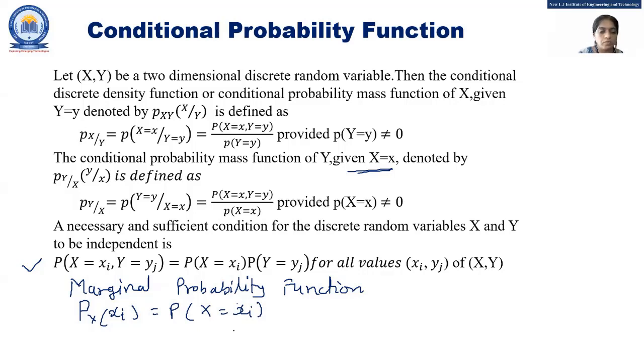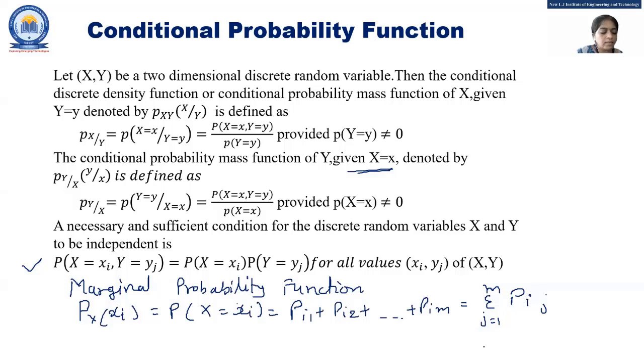So we may write it as pi1, pi2, up to pim, which is equal to the summation over j running from 1 to m of Pij.